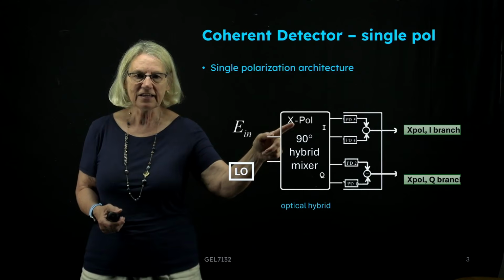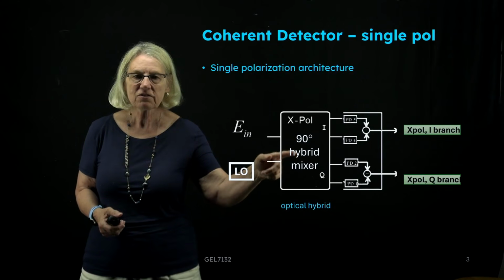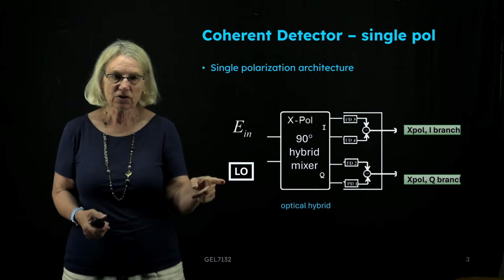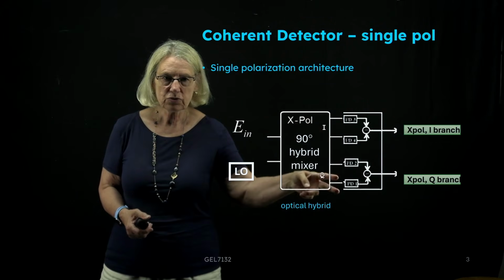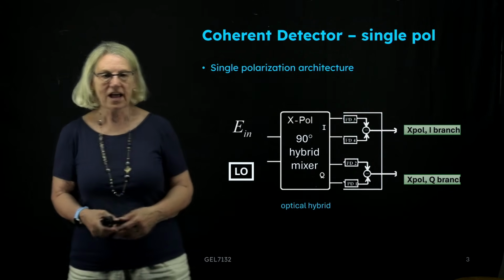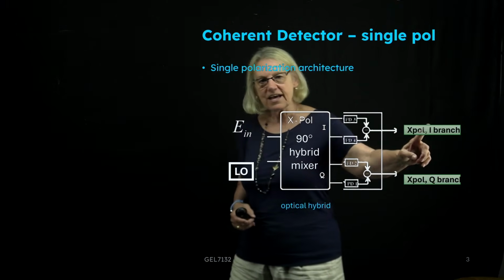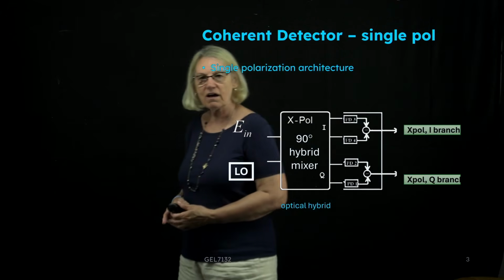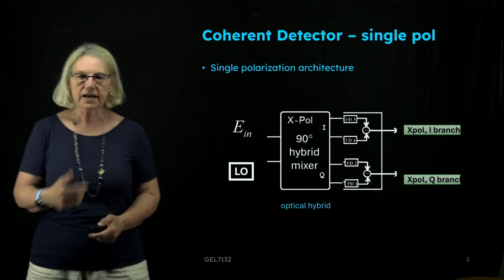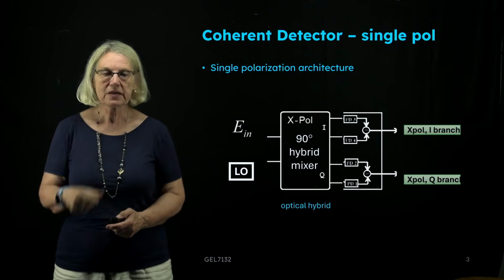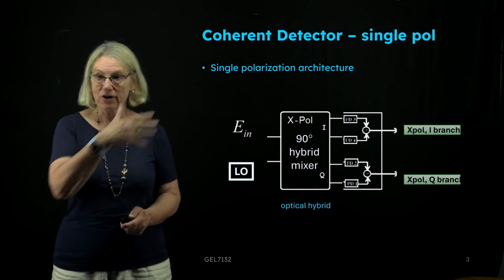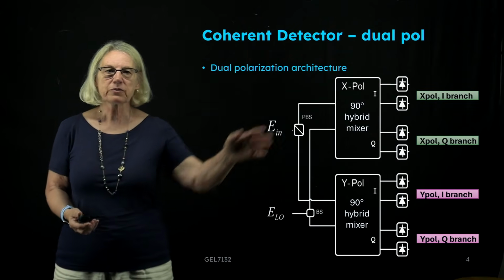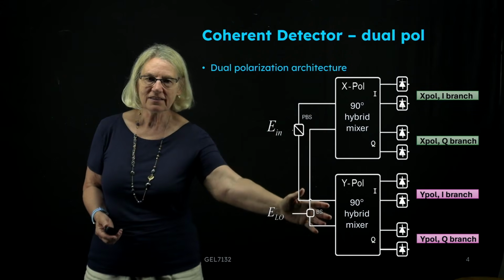So I have an optical hybrid mixer, and input is the modulated data and the local oscillator, two balanced photodetectors, and the output of this allows me to access the in-phase and the quadrature branch of the field in the X polarization.